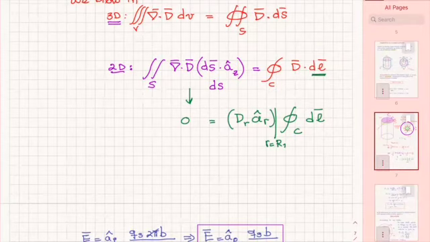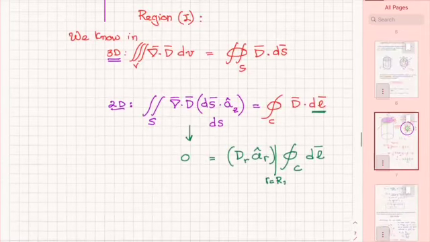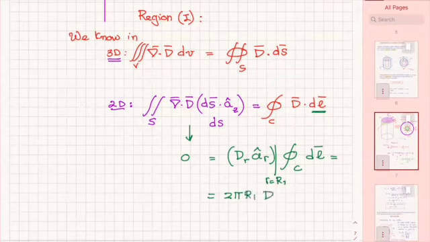How much is that? 2 pi? Yes, it's like the perimeter. So that is going to give us 2 pi r1, and then you're going to have dr, and that's going to be 0.